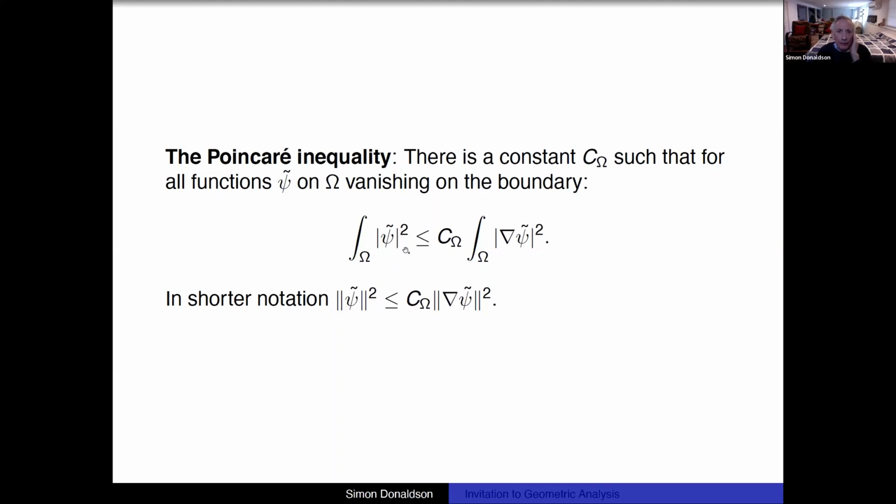So the square of the L2 norm of the function is less than some constant times the L2 norm of the derivative. For now I'm going to use this standard notation to denote L2 norms.